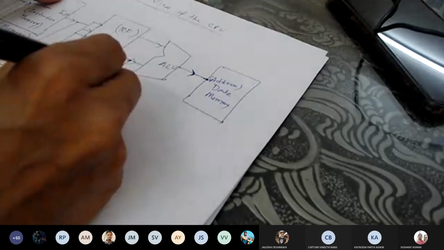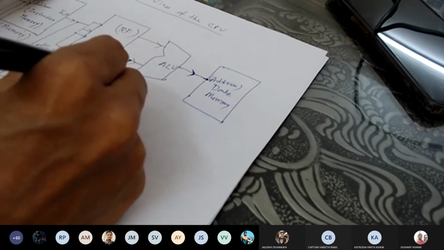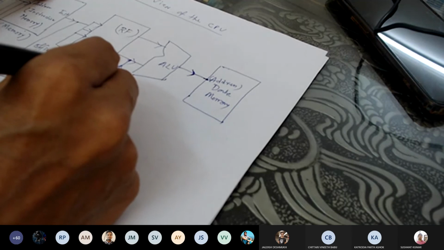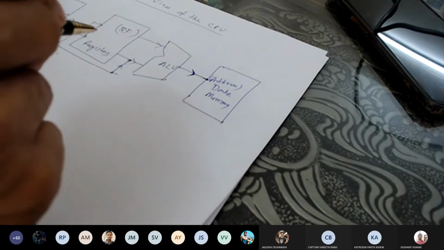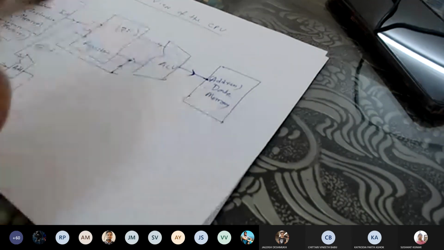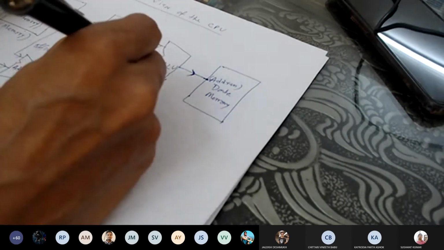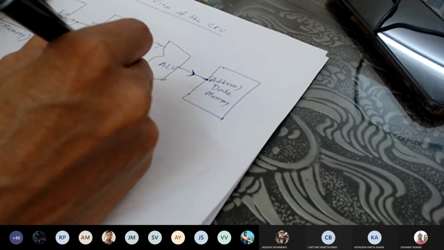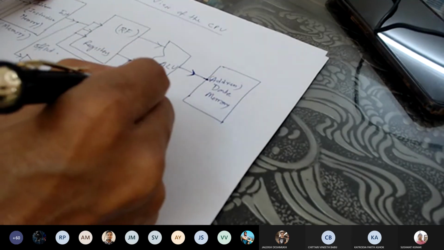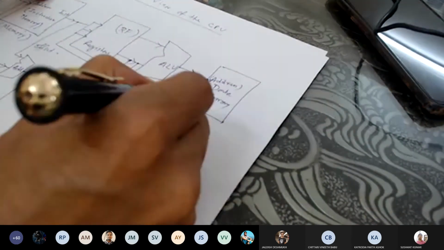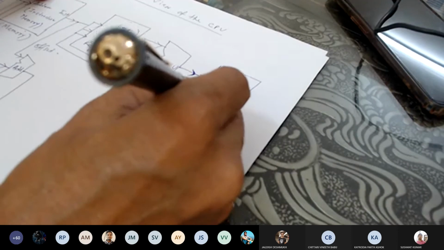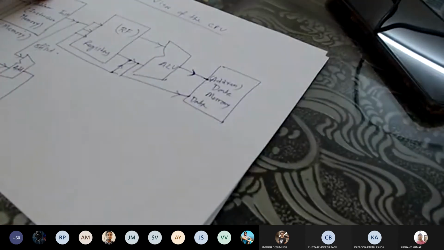And a value that comes from the register, not directly from the instruction, actually it comes from the register, is called data.